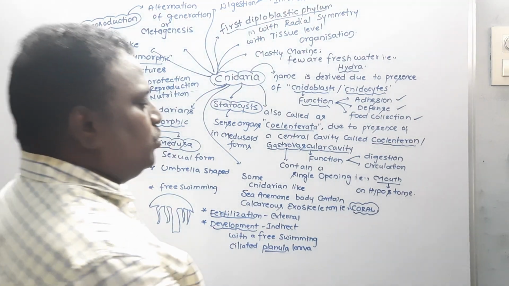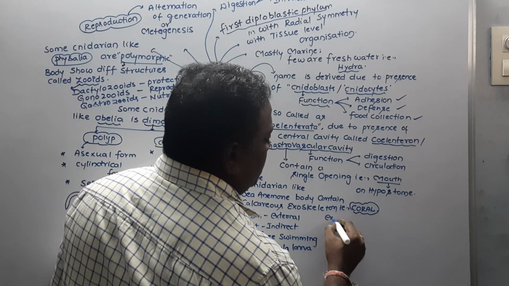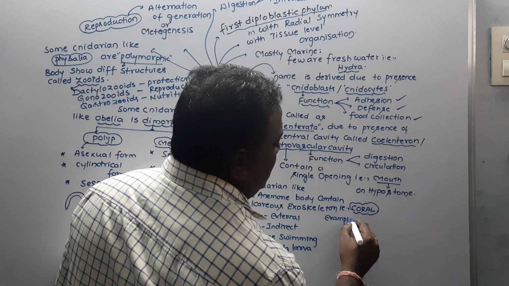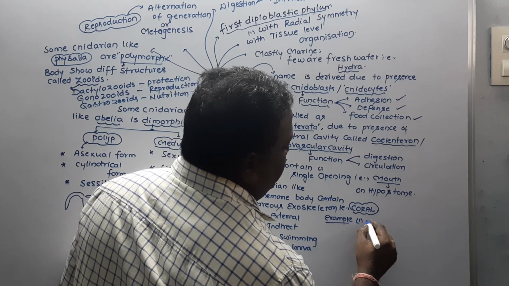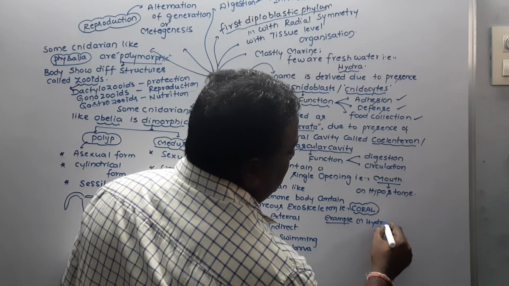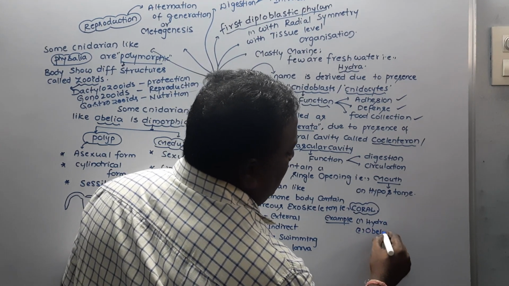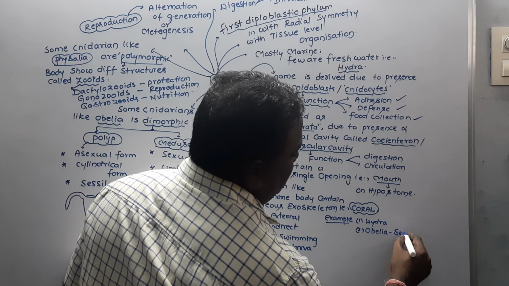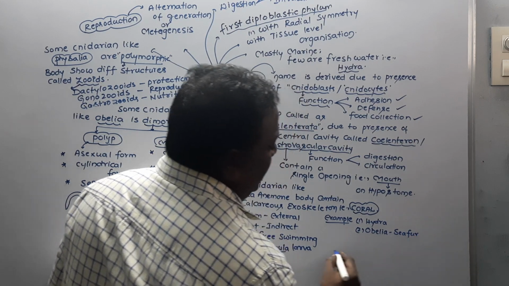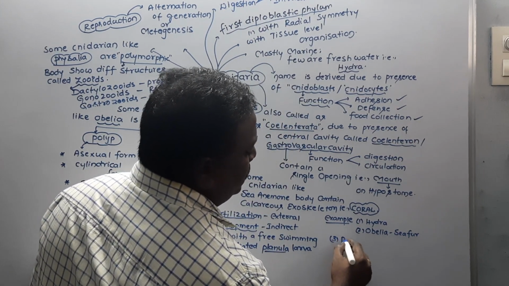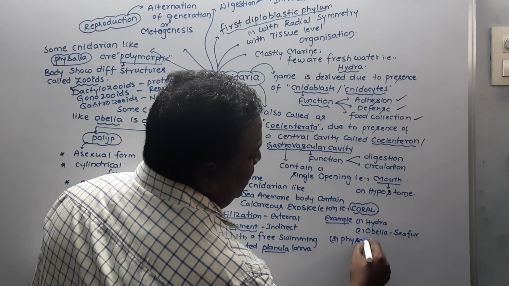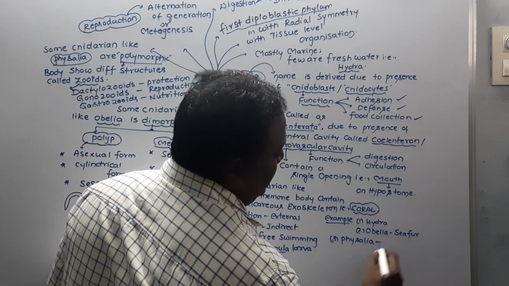Let us talk about the examples now. I think everybody knows these examples. The first example is Hydra. The second example is Obelia, also called sea fur, a dimorphic Cnidarian. The third is Physalia, which they asked so many times in the public examination.